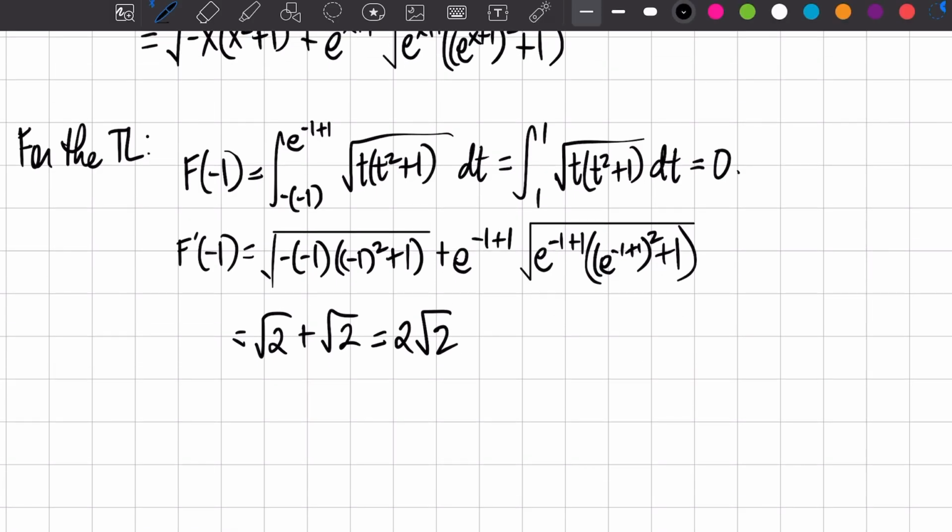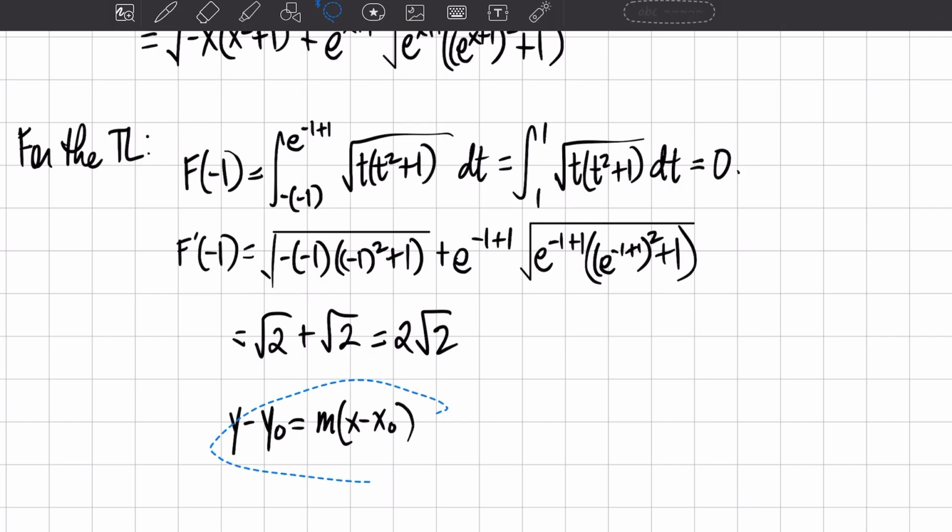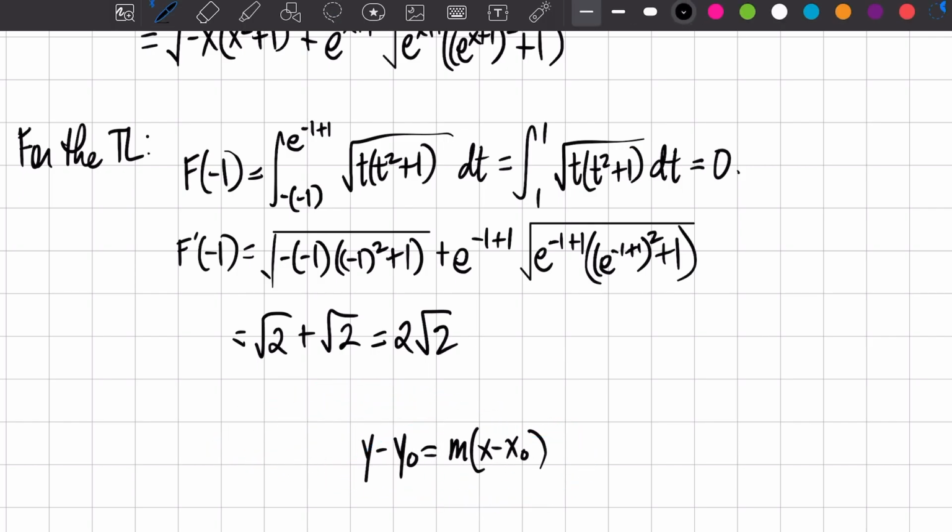And now, for the equation of the tangent line, this one would just be y minus y sub 0 equals the slope times x minus x sub 0, right? So this is the equation of the tangent line.